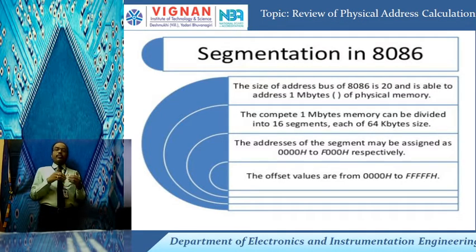The segments may be used to store data, code, which are nothing but programs, and some important information. According to that, there are 4 segments available: code segment, data segment, stack segment, and extra segment.